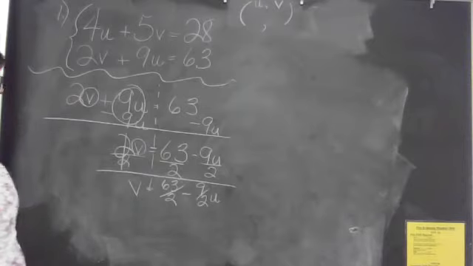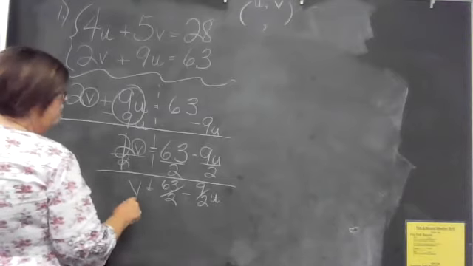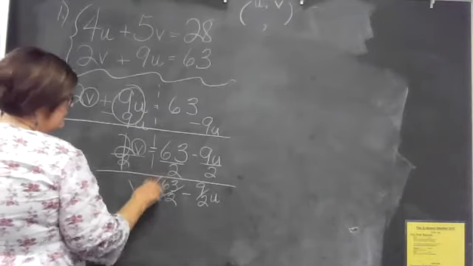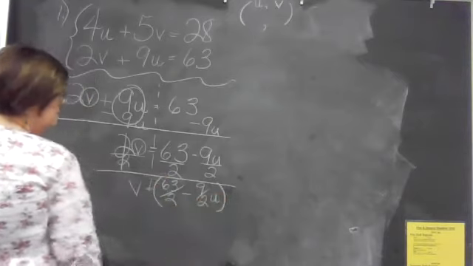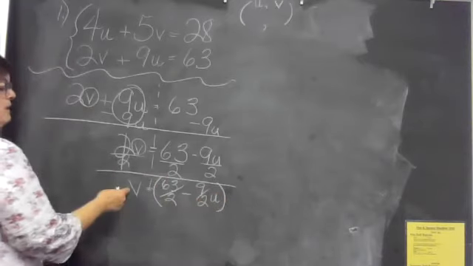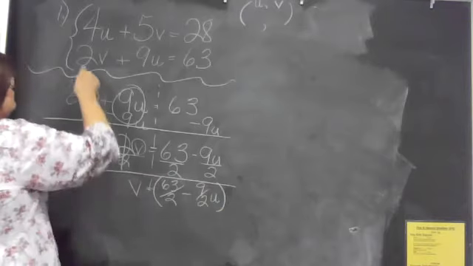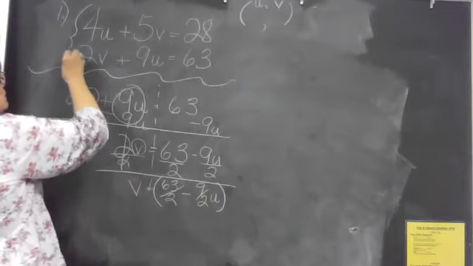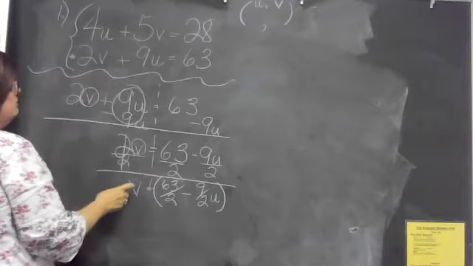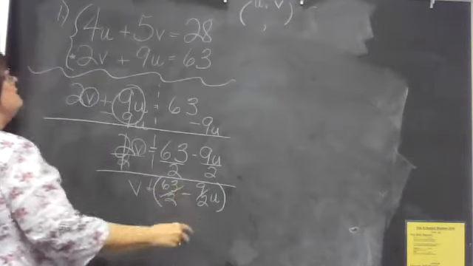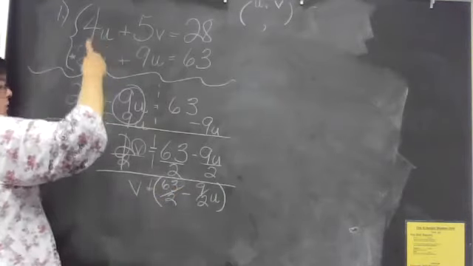You have a calculator and you can use that calculator on the test. So what I found out is the value of v is the same as this. So this is where my substitution happens. I solved this equation, so I have to substitute this value into the other equation.